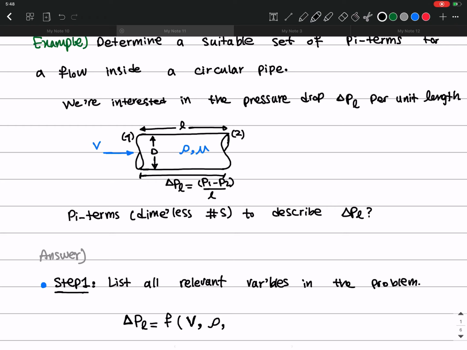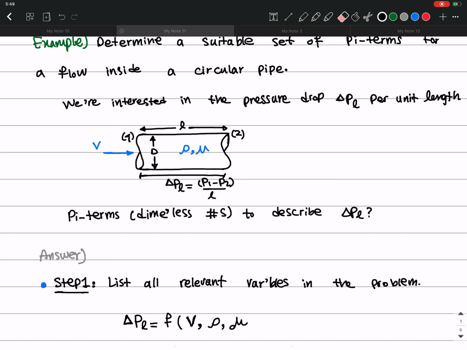So it's kind of relevant to that, right? And then you know about the viscosity, if your flow is more viscous, your pressure drop should be higher, right? Because the friction is going to be higher in the flow, so it's going to reduce the pressure more.